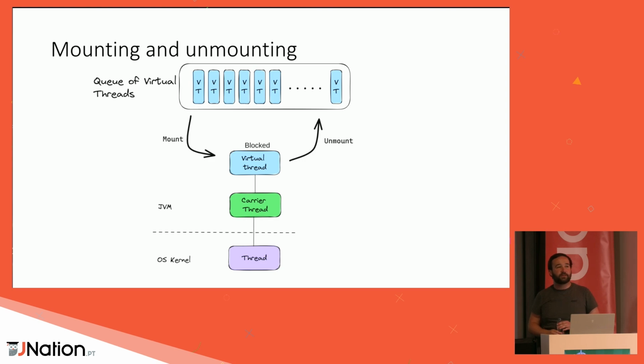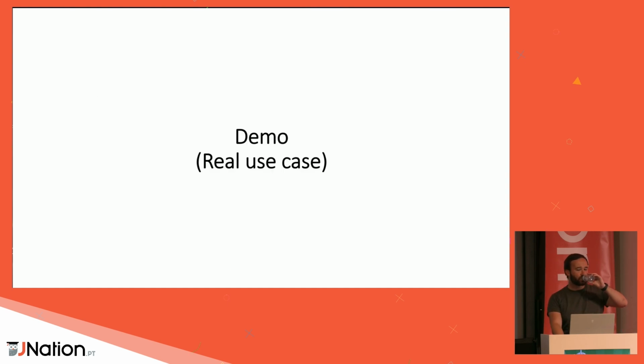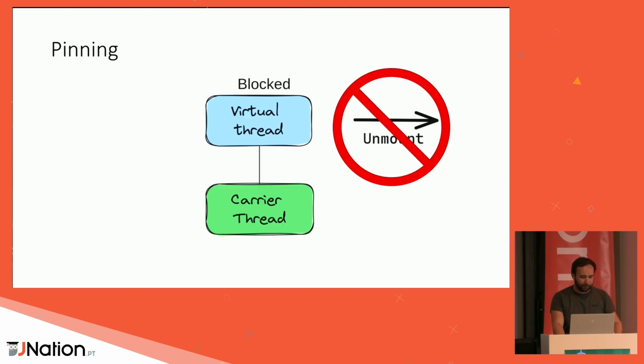The platform threads don't have this issue. They can just wait on the spot. But with the GET request that I'm doing every time to this web server, I'm forcing the virtual thread to be blocked, to be unmounted, and to be mounted again. So every time this does take some time. It's not for free. It's just to show you that virtual threads are not a silver bullet.